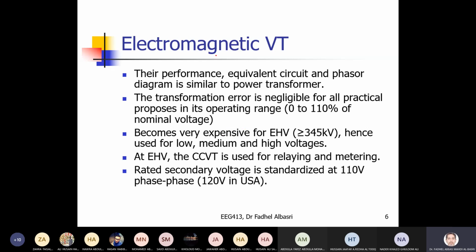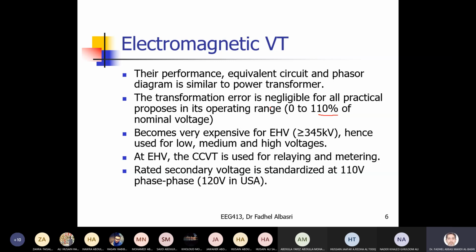We know that the electromagnetic type is the same as what you have covered in machines. Normally, VTs here are designed to operate at normal rated voltage, from 0 to 110 percent of the rated voltage. Normally during a fault, the voltage drops, so we don't have a situation like a CT where the current goes very high. However, there might be some situations with overvoltages due to switching and so forth.